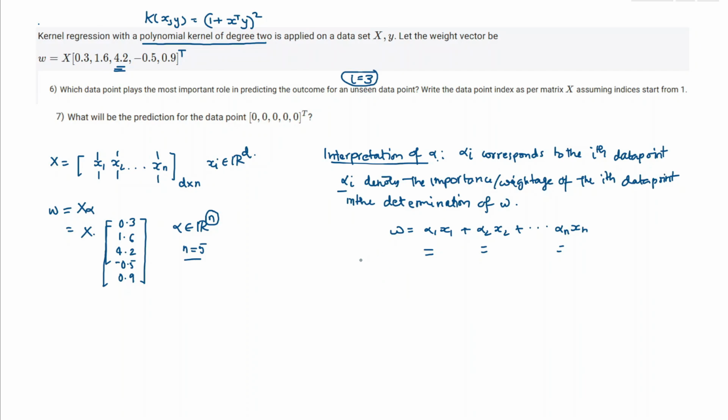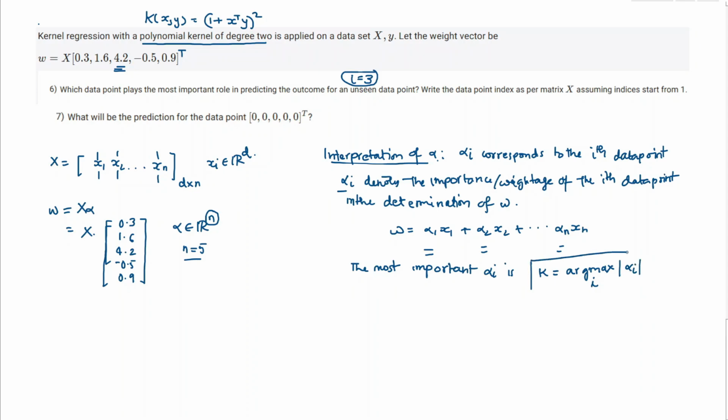So the most important one is k equals arg max over i of the modulus of alpha i.